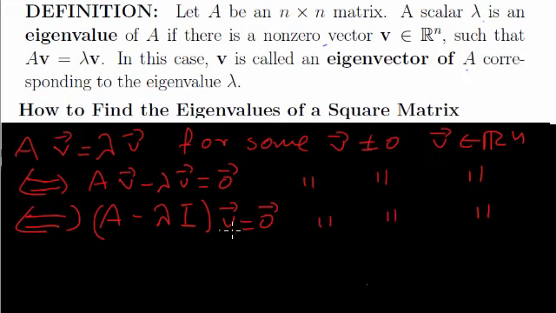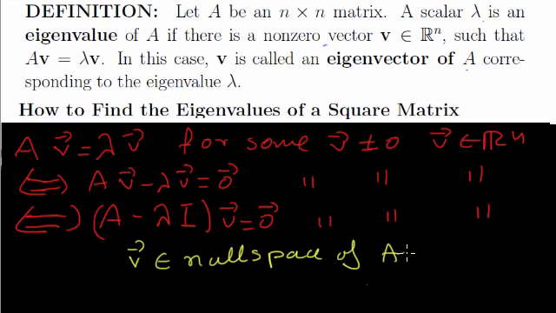Well, this here says a little bit more to us, so let's think about it. If A minus lambda I times V is the zero vector, that says that this V is inside the null space of A minus lambda I. Well, don't forget that V is not equal to the zero vector.